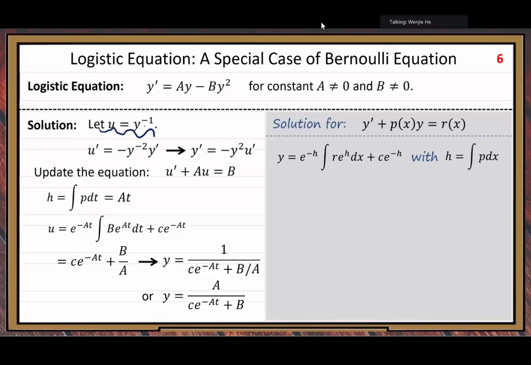When you do this substitution, do you miss something? Is there some special case you ignored? Zero. Yes. When you make this substitution, you assume y cannot be 0, right? If y equals 0, how can you use that substitution?